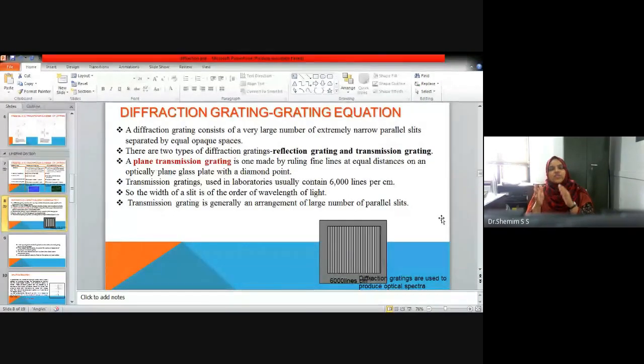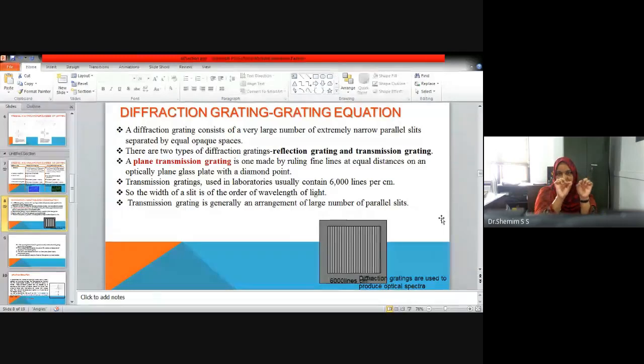Here in this chapter, we are going to study plain transmission grating only. A plain transmission grating, which we usually use in our lab, has 6,000 lines per centimeter, such that the width of a single slit will be of the order of the wavelength of light. That is, the grating will have about 6,000 or 7,000 lines per centimeter.